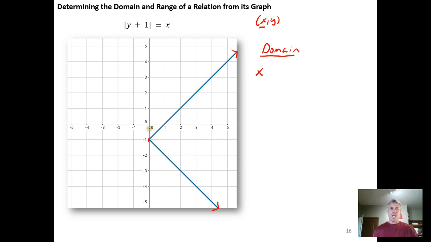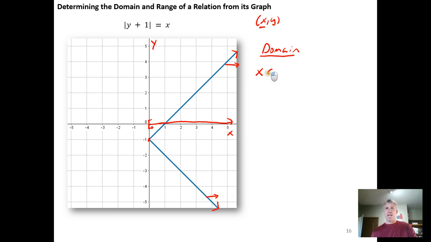So on the x-axis, this is the input or independent variable axis, and the y-axis is the output or dependent variable axis. We can see the x values are actually starting at 0 and they're running off towards positive infinity because both of these arrows have horizontal components that point towards positive infinity.